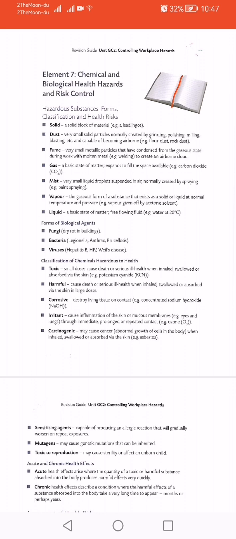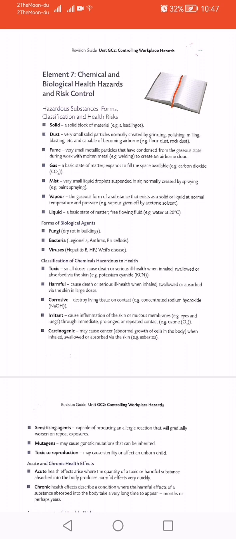Then you're talking about irritant. Irritant can cause inflammation of the skin or mucous membrane, for example in the eyes and lungs, through immediate, prolonged, or repeated contact, like ozone, O3. So these are chemicals also.